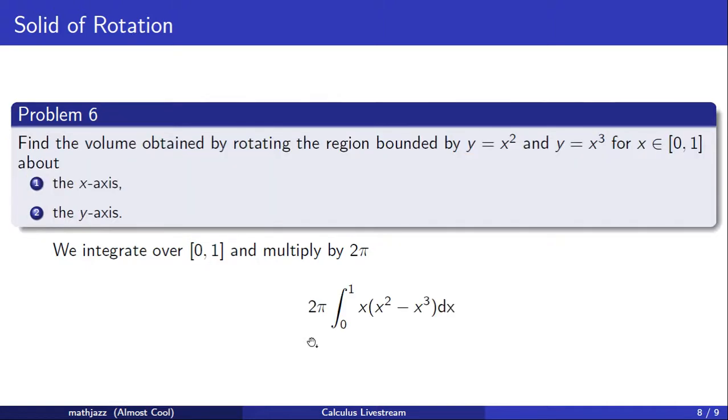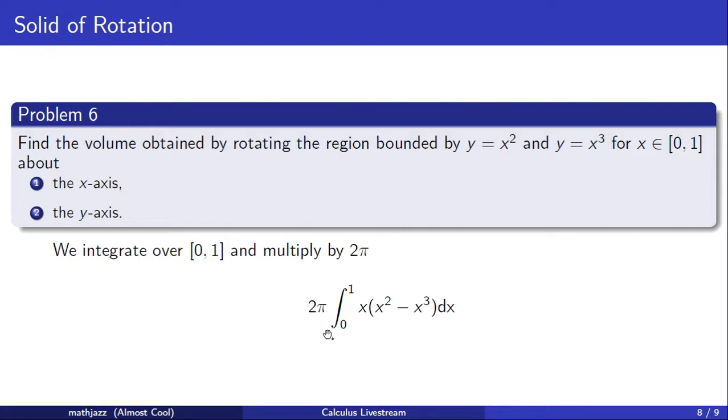So we get an integral that looks like this: 2 pi times the integral from 0 to 1, which is our region that we're integrating over, times x, which represents the distance from the axis, times the quantity x squared minus x cubed, which is the height of a rectangle, times dx, which represents the width of that rectangle.